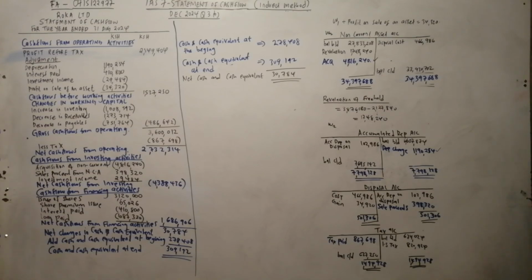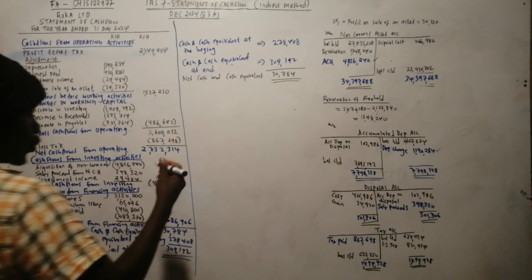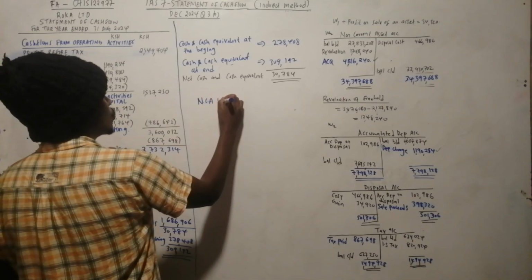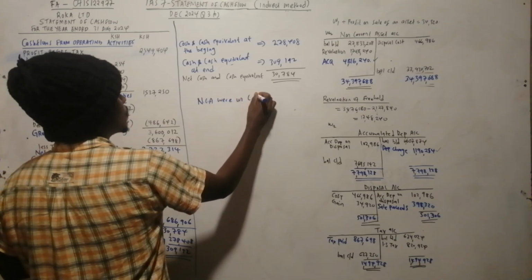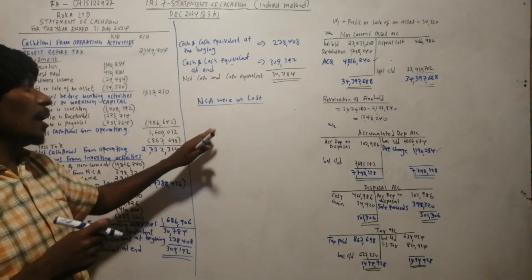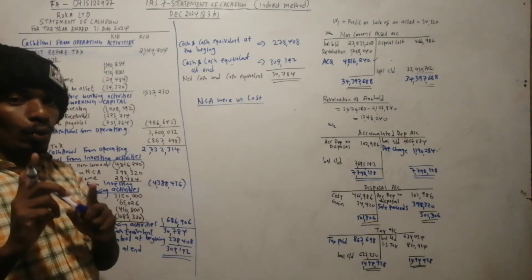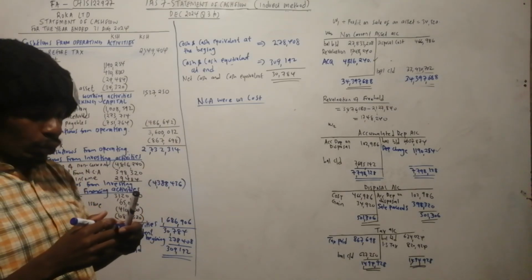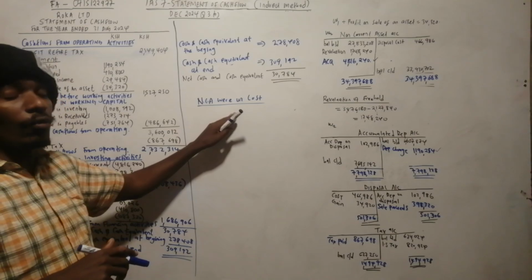And remember this question. The assets were on cost. So remember the non-current assets were on cost. Sometimes you can find a question where the non-current assets are not on cost, but are on net book value.